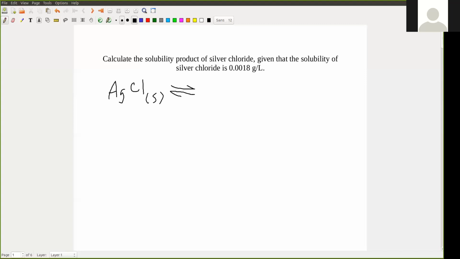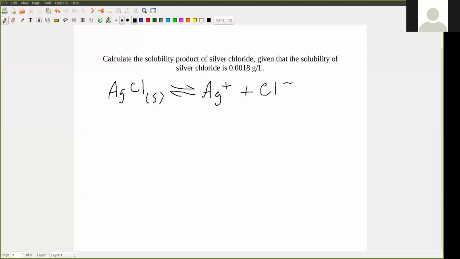And as we put it in solution, the salt will either dissolve or remain as it is. So we have Ag plus and Cl minus, those are both aqueous. So it'll be in equilibria, which means that's how you get saturated solutions, supersaturated solutions, and so forth that you'll be exploring in your labs.